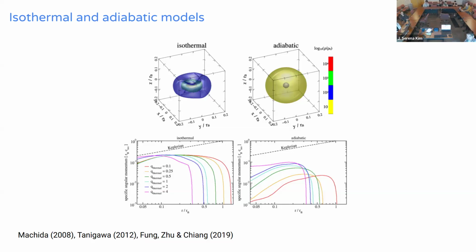So in between these two limits, there must be a number in terms of cooling time that tells you how you transition from isothermal to adiabatic. In the previous work, that question was addressed in terms of opacity or temperature, but we believe there's a more general criterion that you can come up with, which essentially calculates this cooling time. So how close to an isothermal case does your system have to be in order to form a circumplanetary disk?